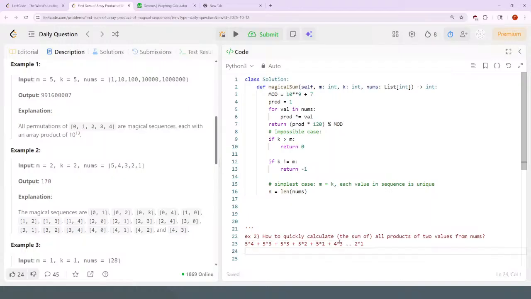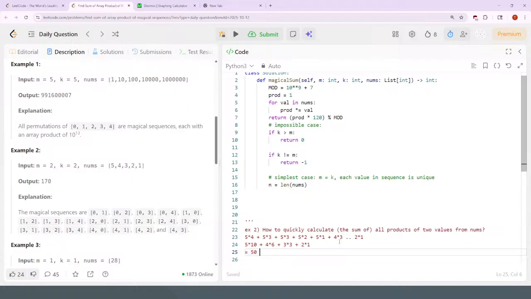I can factor that and say 5 times the sum of all values after it, 4 times the sum of all values after it. So it's like 5 times 10 plus 4 times 6 plus 3 times 3 plus 2 times 1.